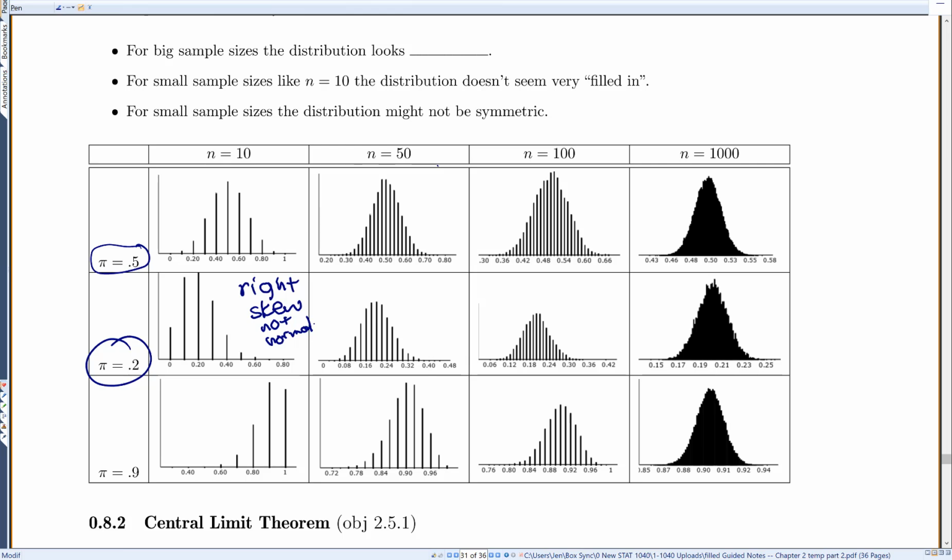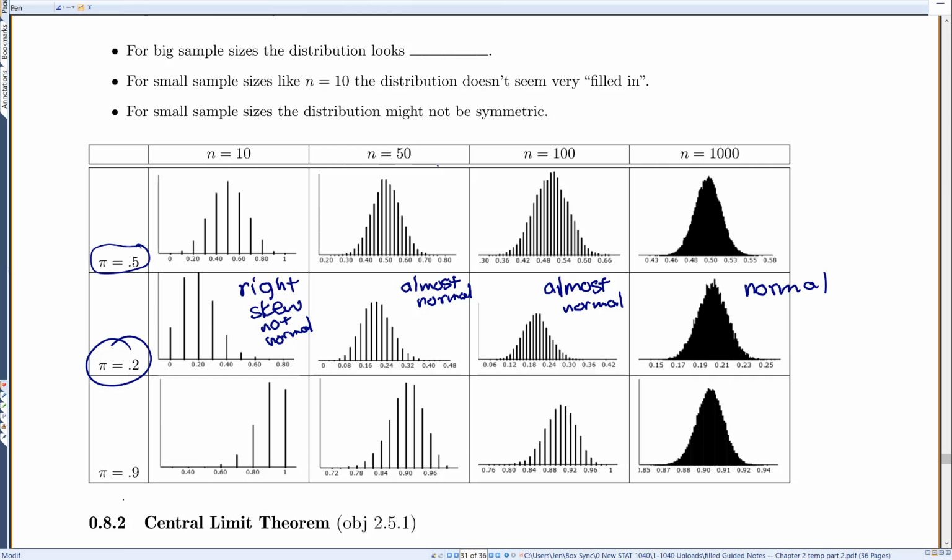But by the time I get to 50, do I look normal? I'd say I'm pretty close, almost normal. We're still not as filled in, but we're looking pretty normal. At 100, again, almost normal. And at 1,000, yeah, I look very normal.